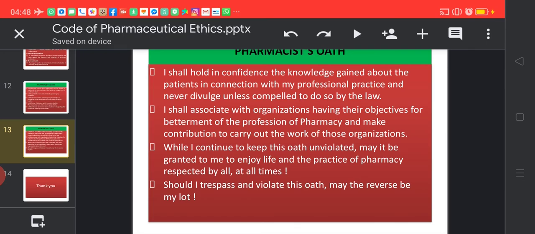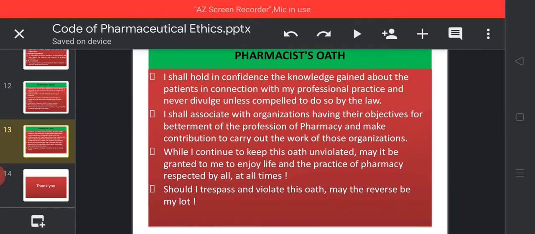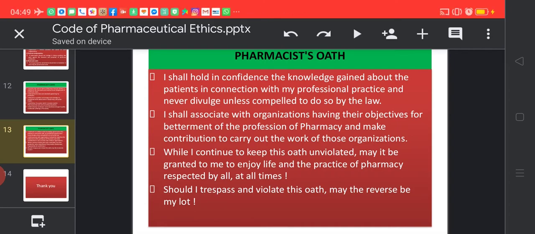Should I trespass and violate this oath, may the reverse be my lot. So these are all that we have discussed about the pharmacist oath, code of pharmaceutical ethics, its morals.